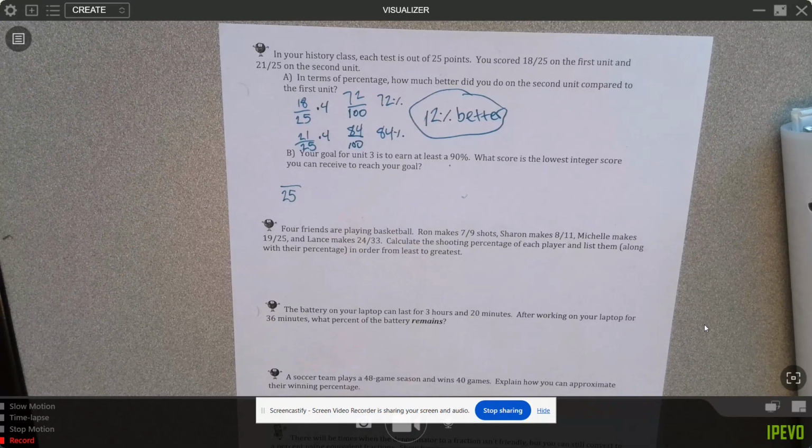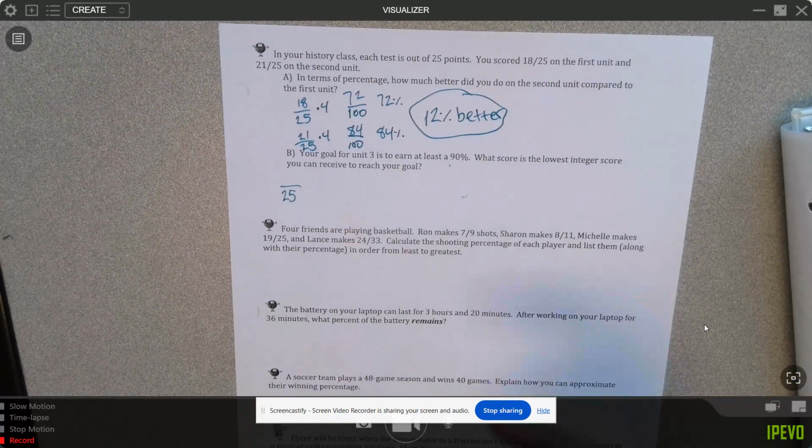Keep going bigger. We know it can't be 21 or less because that's going to be too small a percentage. We want to get bigger to try to get to that 90%. So try the 22, try the 23, see what you have to get to in order to get to that 90%. So you might have to do a little guessing and checking, but it's educated guessing, right? It's not just any number. We want it to be bigger than 21.